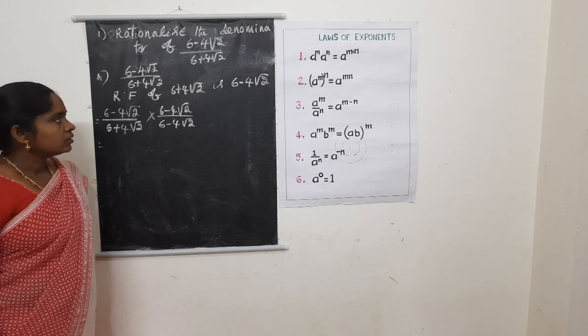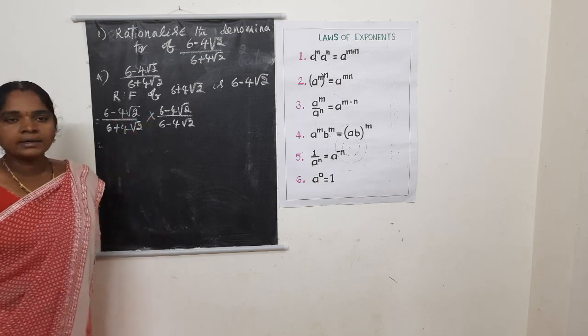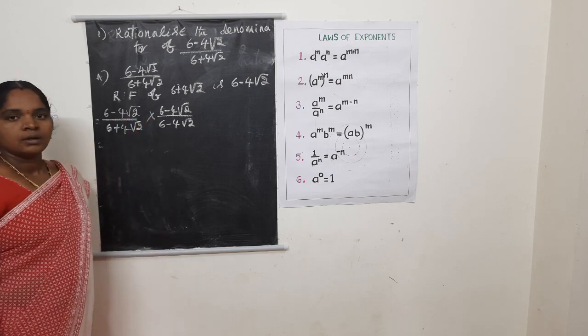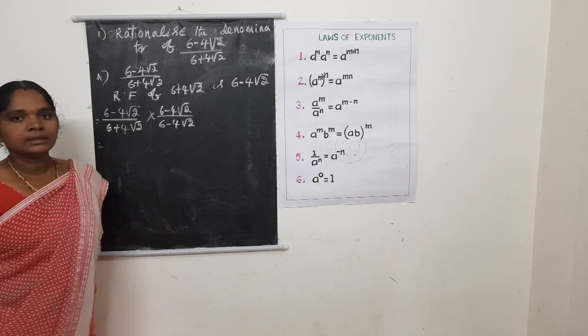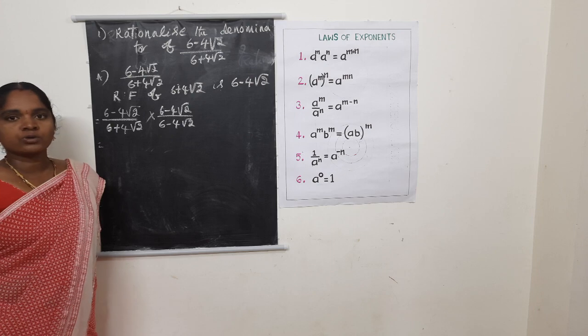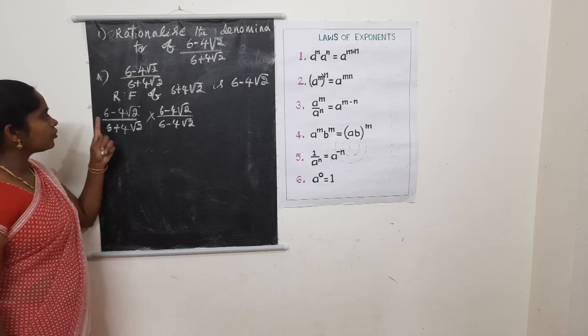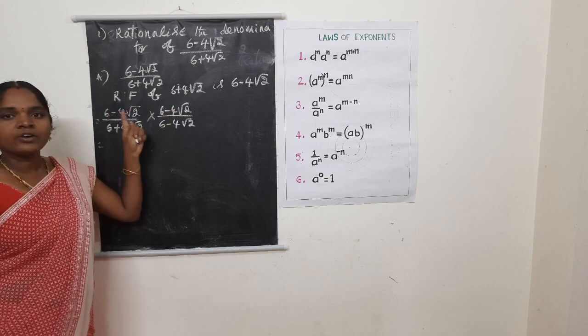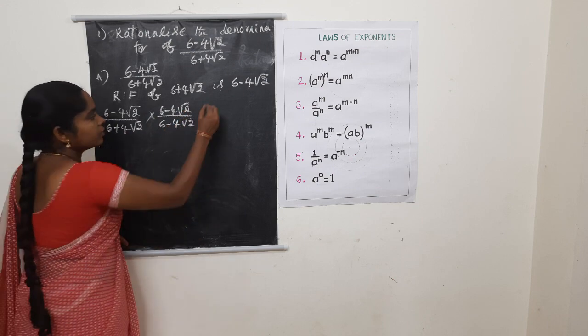Students, observe numerators and denominators. So 6 minus 4 root 2 into 6 minus 4 root 2. This is in the form of a into a. A into a is nothing but a square.